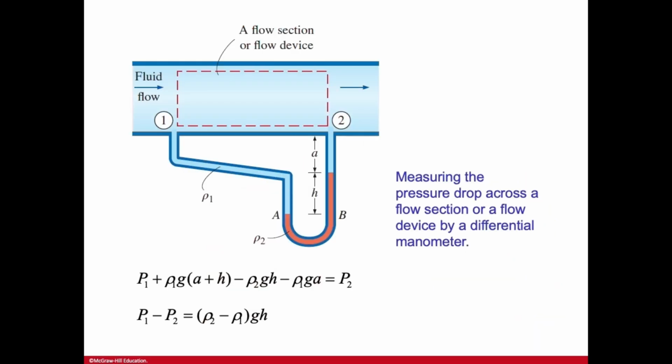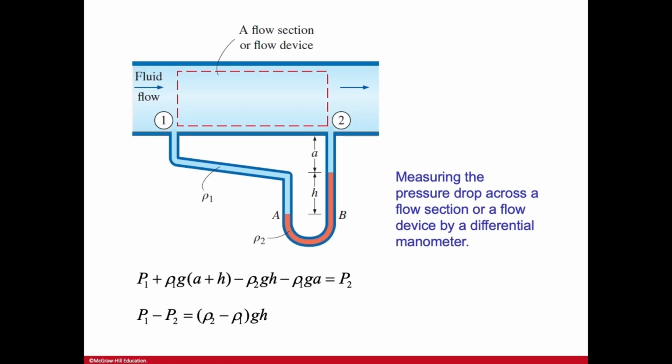Okay, so this last slide in this video is essentially a more common use of a manometer, where you're measuring the difference in pressure across a duct where you have a fluid flowing, or it can be a pipe where you have a liquid flowing through it.